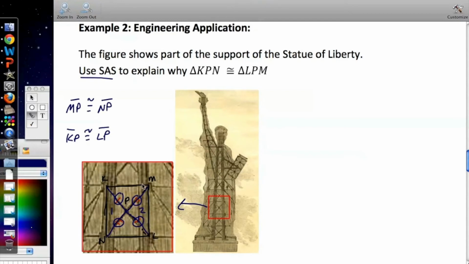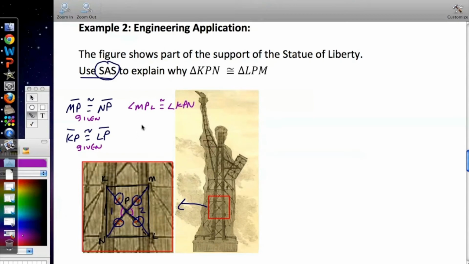Unfortunately, they don't tell me anything about that, so I'm going to try to use side angle side, which means I need to be able to say something about this angle here. Conveniently, this is given, and this is given. But what I can say is that angle MPL is congruent to angle KPN.